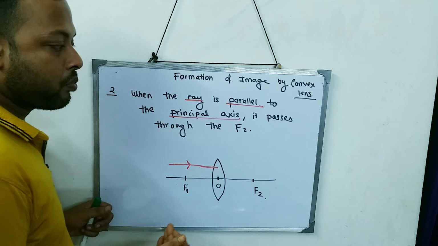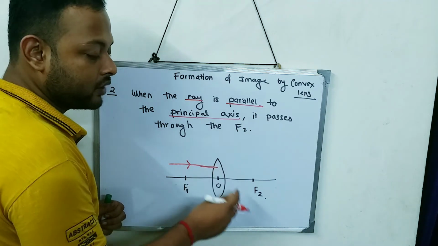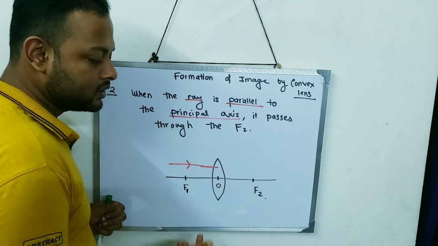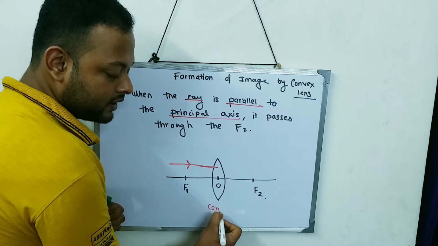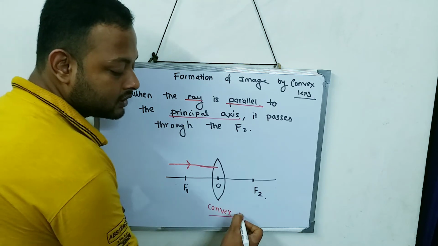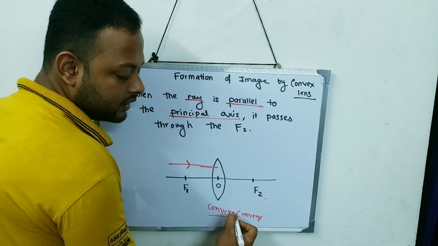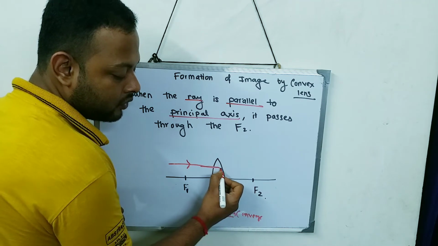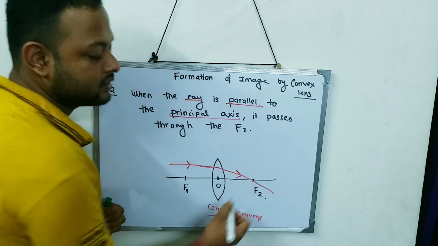What happens? After refraction, over here it will get refracted, it will pass through the second focus. How is that? We know this is a convex lens, and a convex lens has a property to converge. So the ray will get converged and it will pass through the second focus like this.